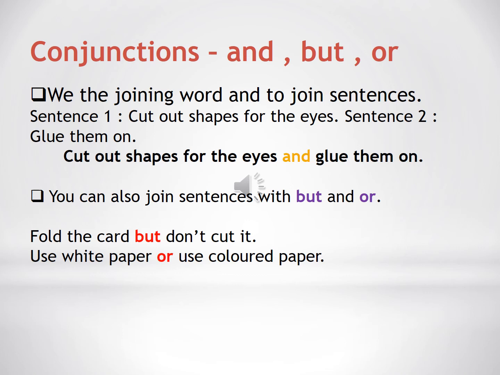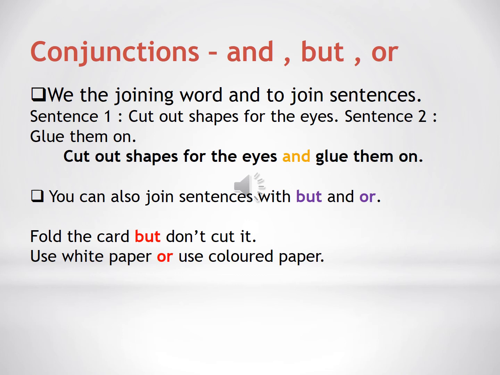Sentence 2: Glue them on. So we can join these two sentences: Cut out shapes for the eyes and glue them on. To join these two sentences, we have used the joining word and.